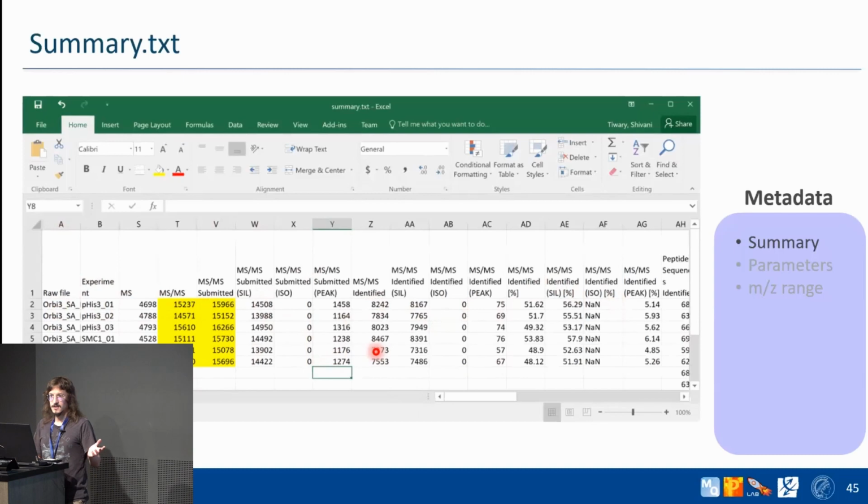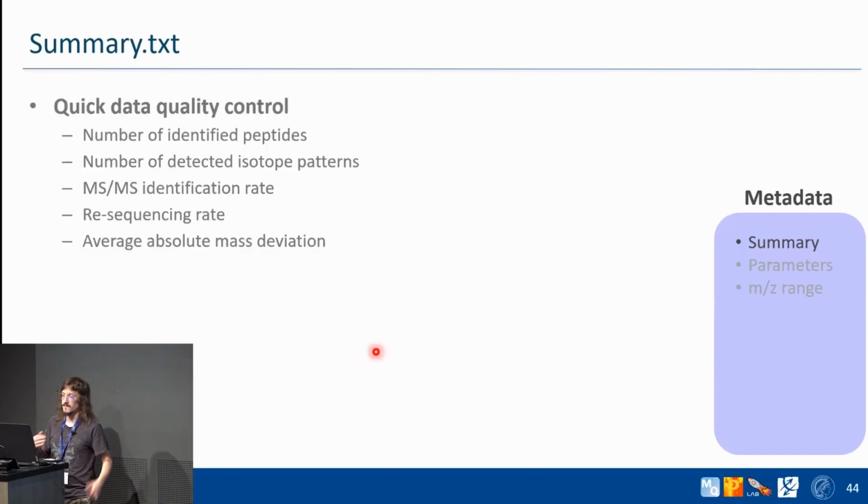It's just all the information summarized in a single table, if you want to recap everything. And as I said, you also have here the parameters that you used for your MaxQuant run, so that you can repeat the same experiments, or you will make life easier for other researchers that want to replicate your experiment. And then you have the range of mass over Z, the general range.